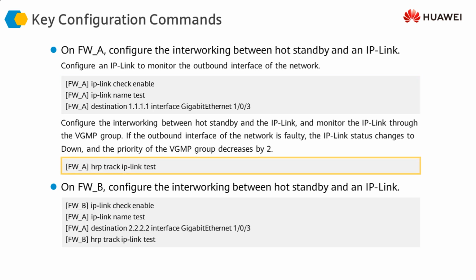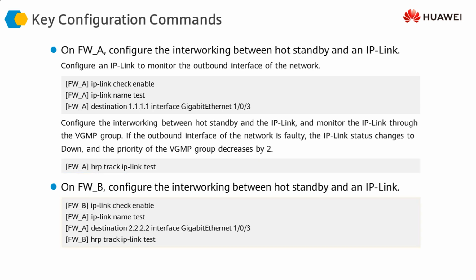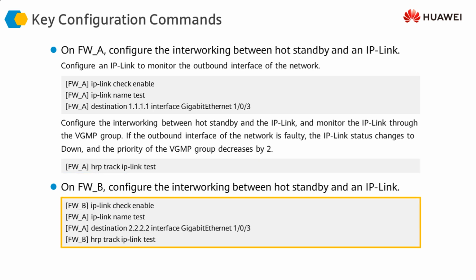And if we want to use this IP link for hot standby purposes, then we can give the command hrp track ip-link and then the name of the IP link, which was test, which we configured earlier. A similar configuration we can do on firewall B as well.